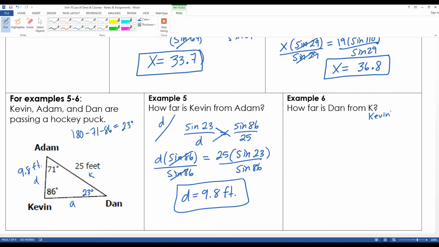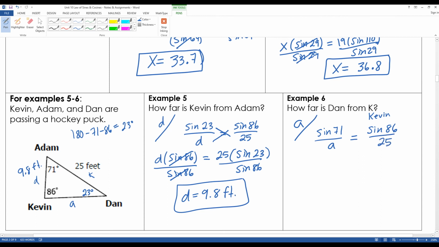Dan from Kevin. So that is side A. We're looking for side A, from Dan to Kevin. All right, so let's set that up. Side A goes with angle 71. So we'll go sine of 71 over A is going to equal, we'll just choose the same ratios as before, sine of 86 over 25.